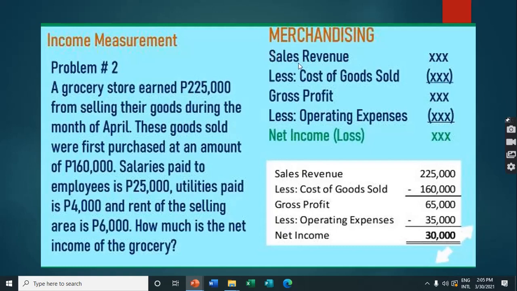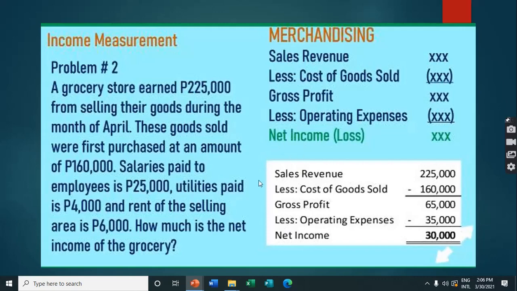So, yung sales revenue mo, and then i-less mo yung cost of goods sold, and then, syempre, nagkaroon ka na ng gross profit. So, gross profit yun. So, and then, i-less mo na naman yung operating expenses mo. And then, lalabas dito kung net income yan or net loss.